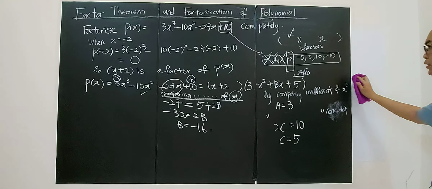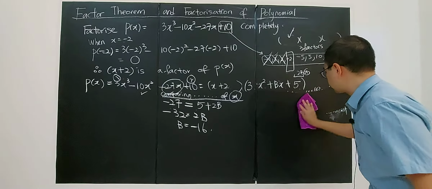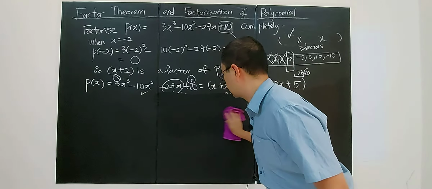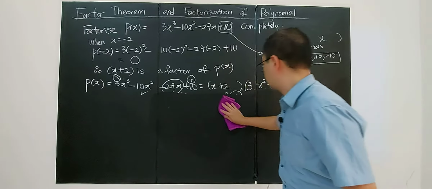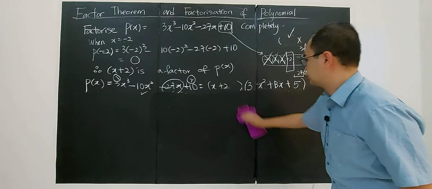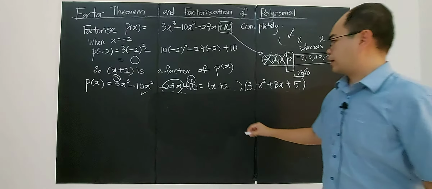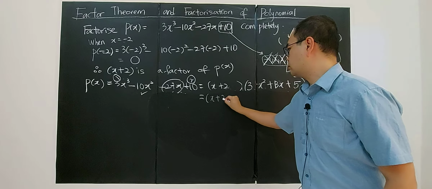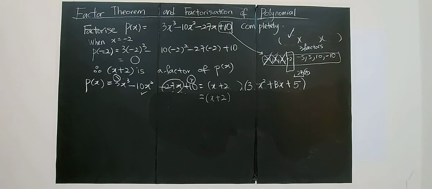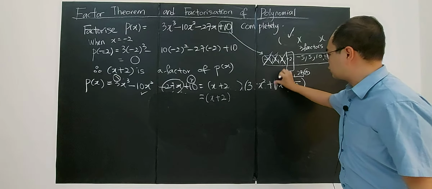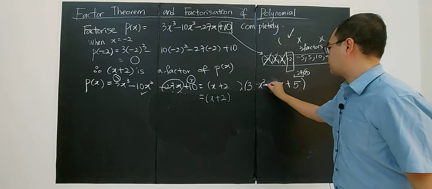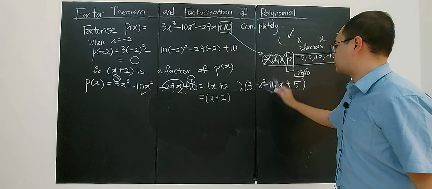So now I'm going to erase all this. Alright, so let's look at the factors. You have x plus 2. So let's factorize. This one you know is what just now? It is negative 16, right? Negative 16.